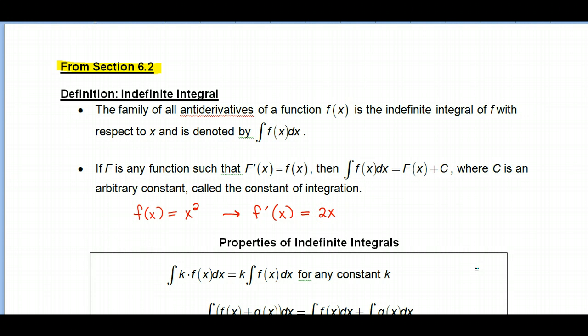What I'm trying to do is show you how we work backwards. Let's say we are given 2x and we want to get x squared. When we work backwards, first of all, the capital letter F represents the antiderivative of what's inside. These are all antiderivative formulas.